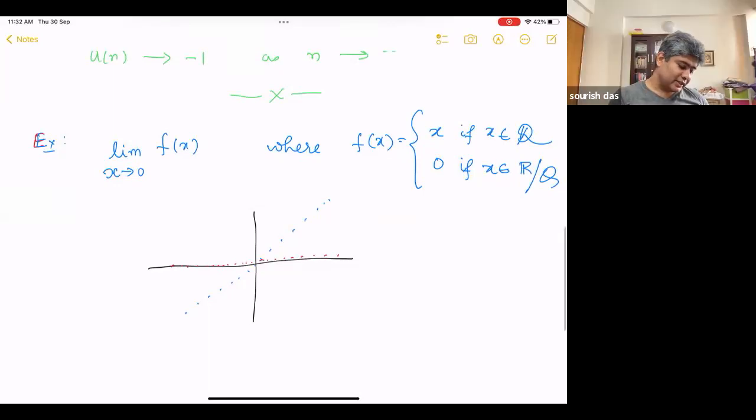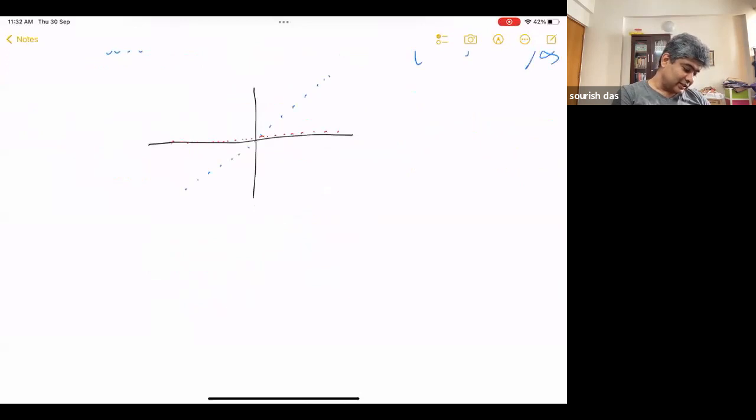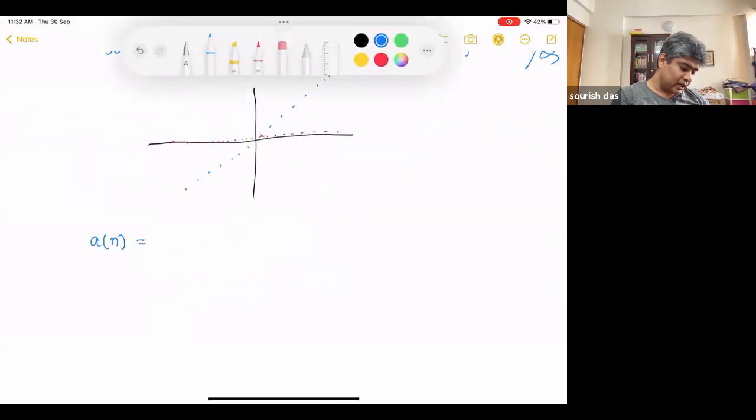Correct. So essentially, there are two kinds of numbers. One is, I can say, an equals n if n is a rational number. So it's creating a sequence of numbers, right?